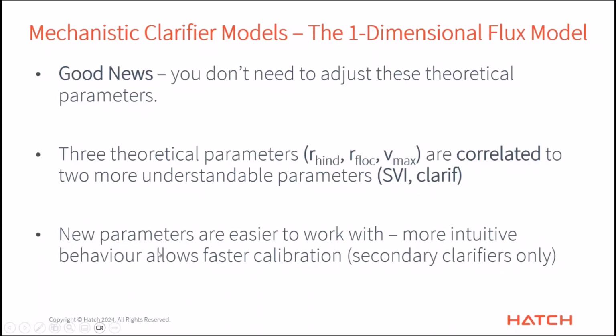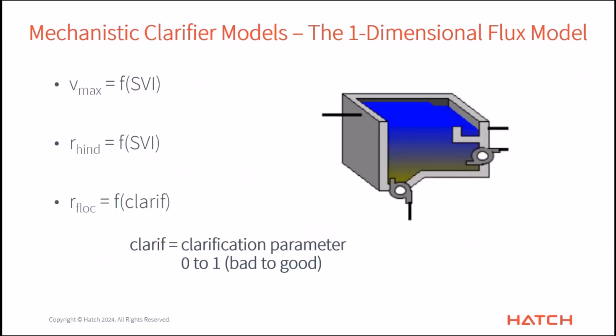So these new parameters are much easier to work with. And in fact, I use them almost all the time. Their more intuitive behavior allows for faster and more straightforward calibration. And the only thing is they are specific to secondary clarifiers only. So you'll find that those options are only there for the secondary clarifiers.